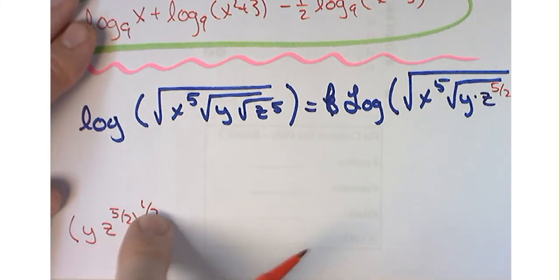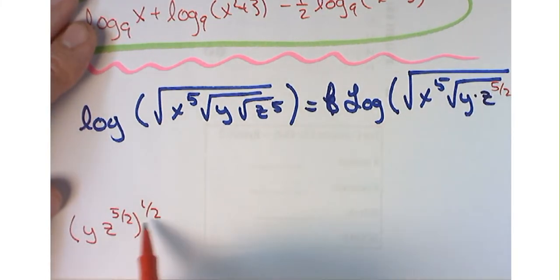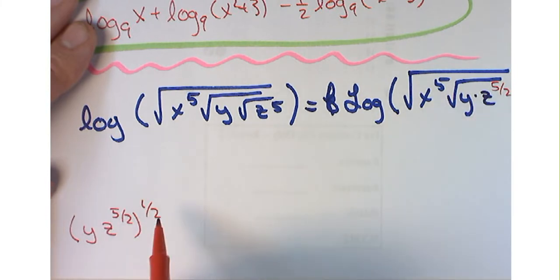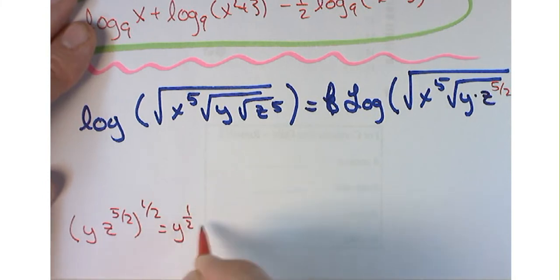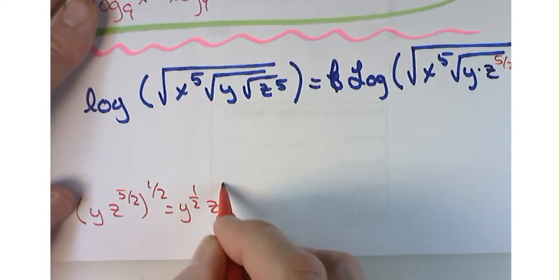So something to the 1/2 power, that's just like a square root, except instead of writing with roots, I'm going to write it with exponents. That 1/2 is going to multiply each of these exponents. So it would give me y to the 1/2 times z to what power? 5/4. Well done.